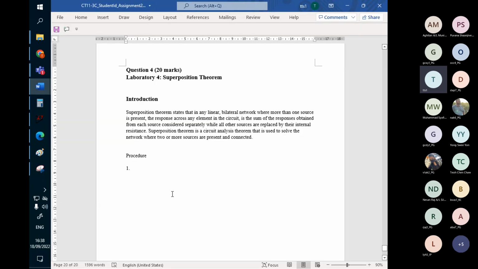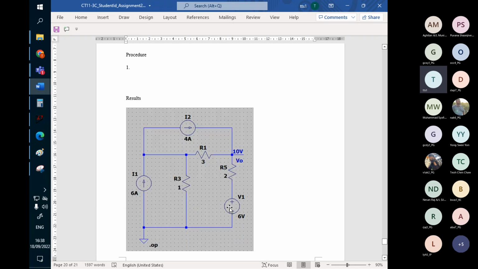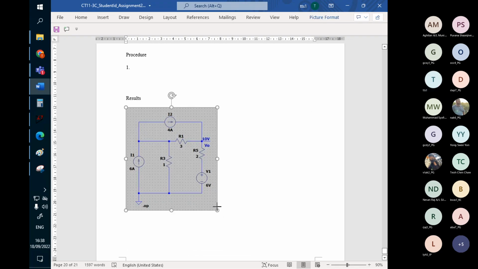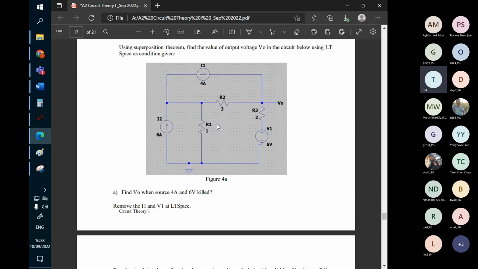Okay, so you have to prepare all the procedure yourself. Now at the results, I place the original circuit here. Okay. So on the first step, now let's apply the superposition.